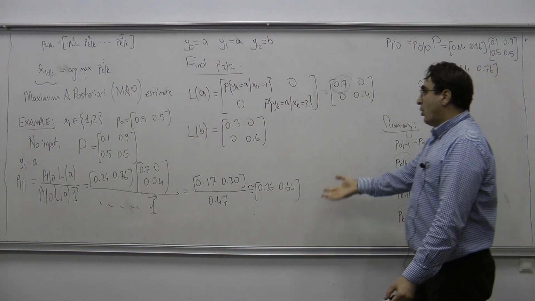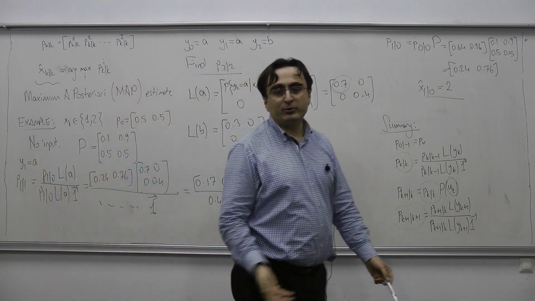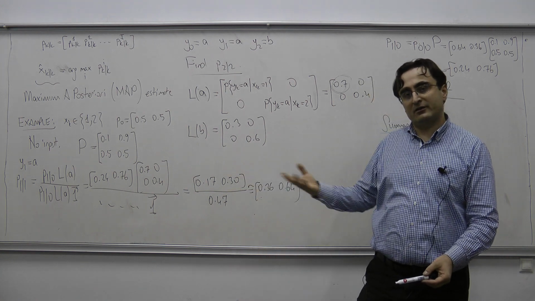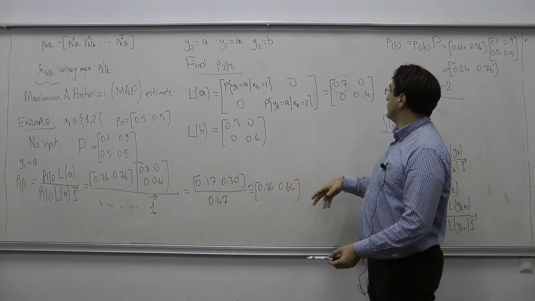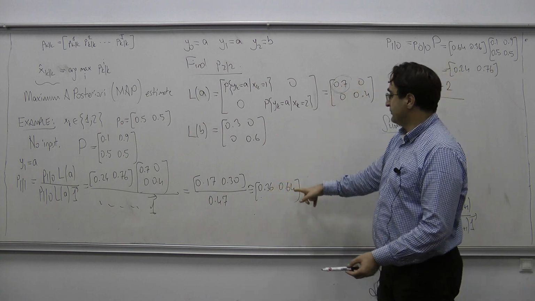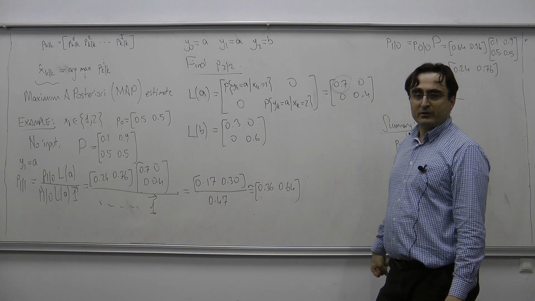Okay? So of course I know that if I continue to measure y2 is equal to a, y3 is equal to a, y4 is equal to a, etc., then the PDF or PMF is going to converge to the normalized version of this likelihood.